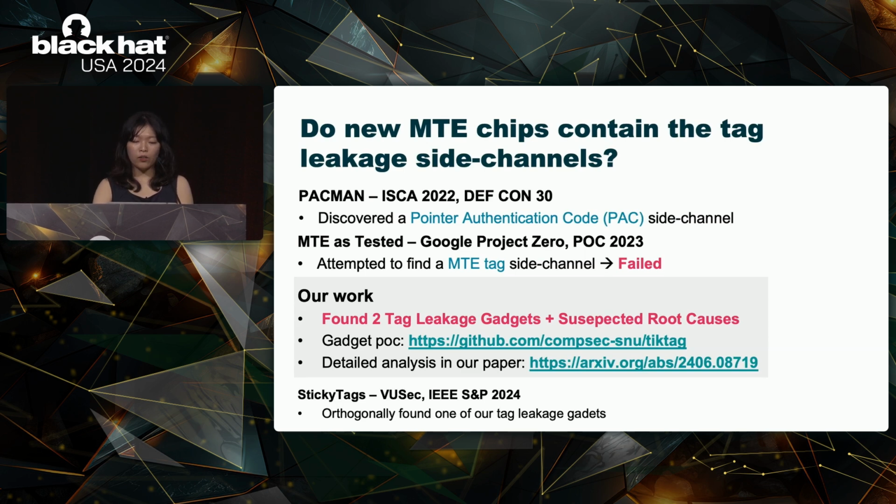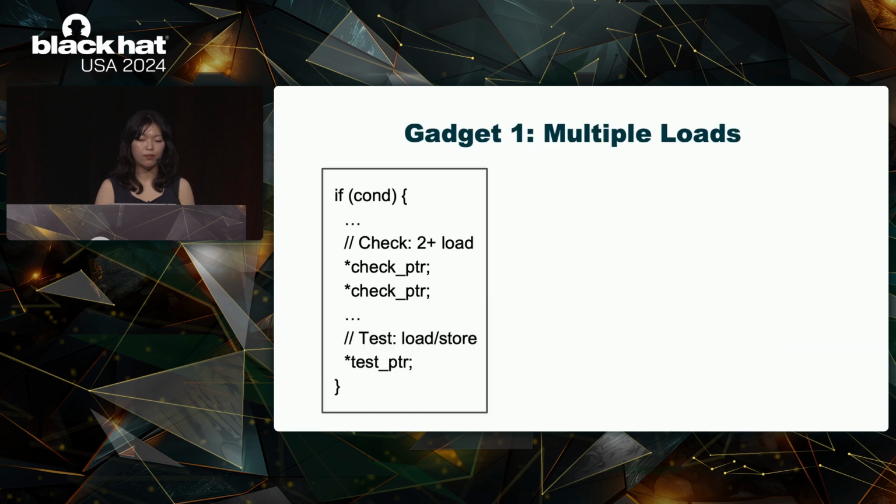And another research group, VUSec, also independently discovered one of our tag leakage gadgets. And ARM equally acknowledged the discovery from our group and VUSec. So our first gadget contains multiple loads in the tag check block, and this tag check block can be any memory access to the tag pointer.